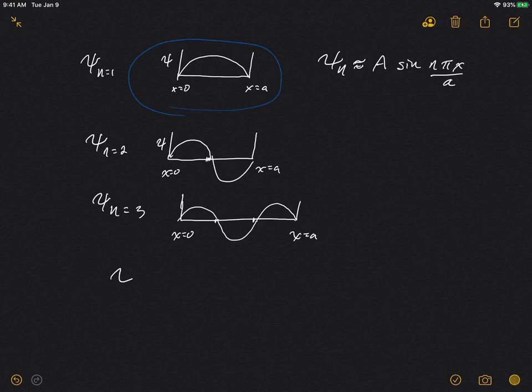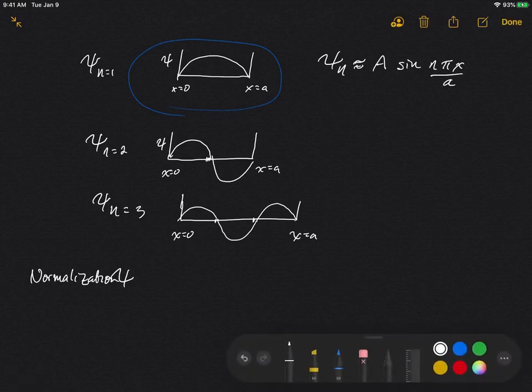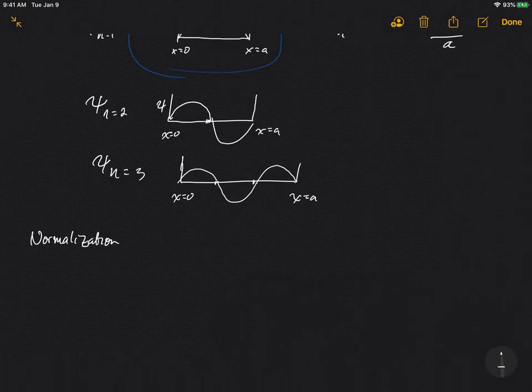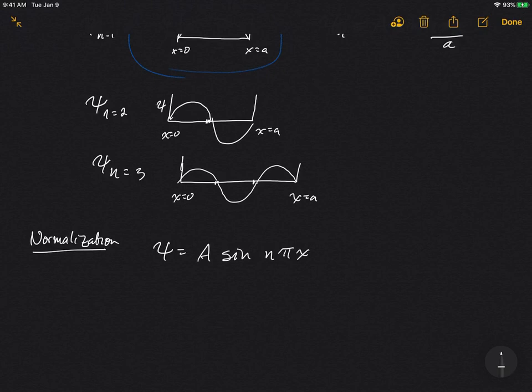So our wave function is A sine n pi x over a.